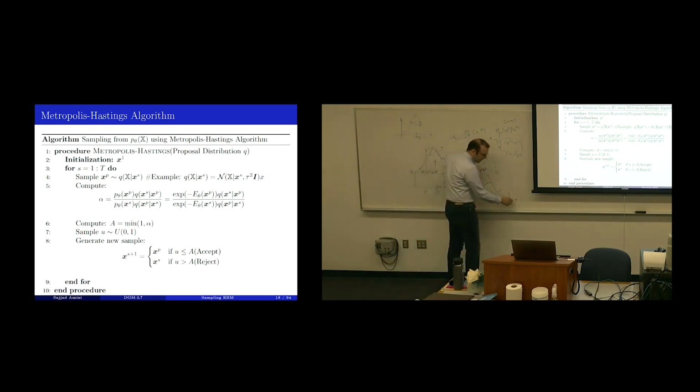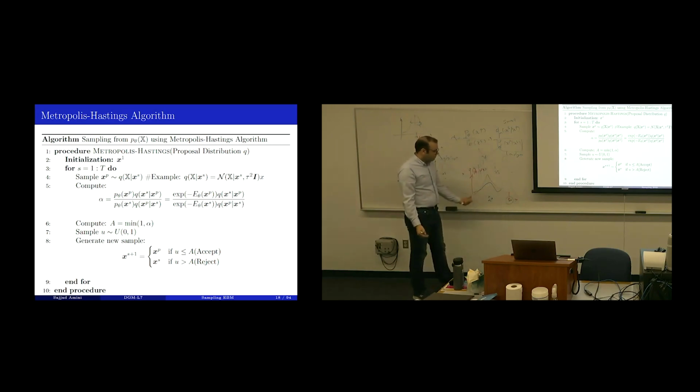Although you are near the most important peak of your distribution, because of the proposal distribution, you go somewhere which is not a great point. Although it is again a local peak, it is not as large as the previous one. Does it make sense? This is the true unnormalized distribution. This is the proposal. Okay?